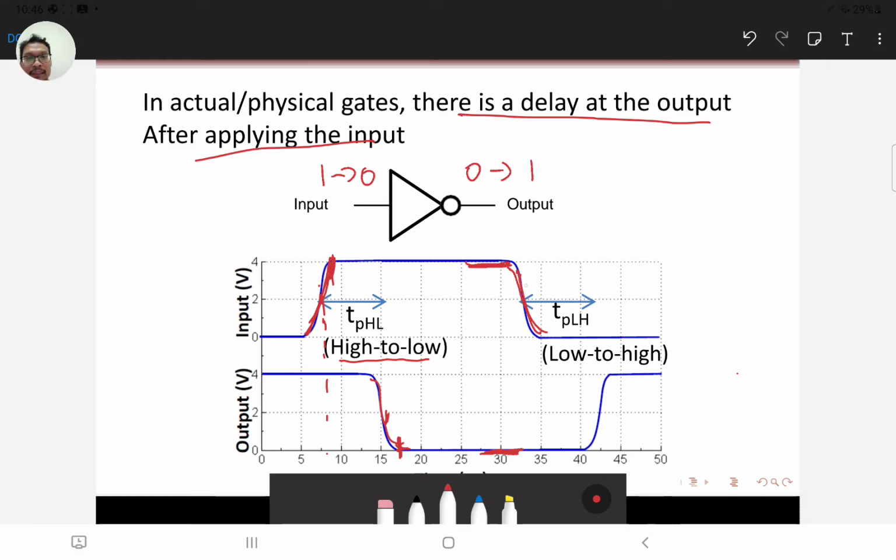Apparently it doesn't happen instantaneously, it doesn't switch at that moment, and it requires a certain delay because there are physical transistors inside. So the reason for the delay is basically the transistor delay inside the logic gates. With that, we have a certain low to high propagation delay from the input to the output.